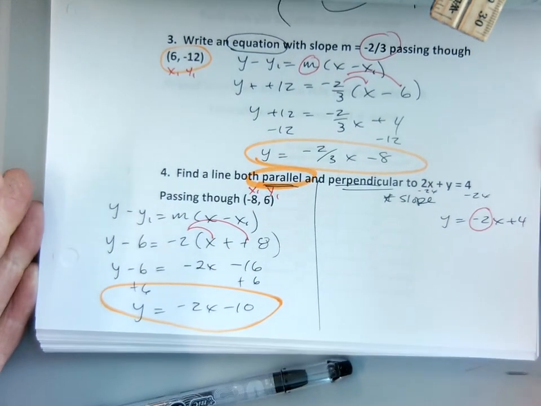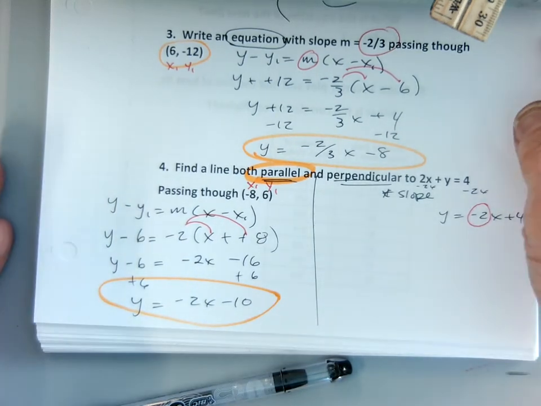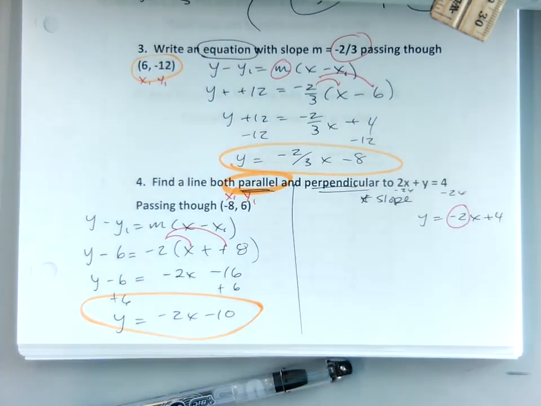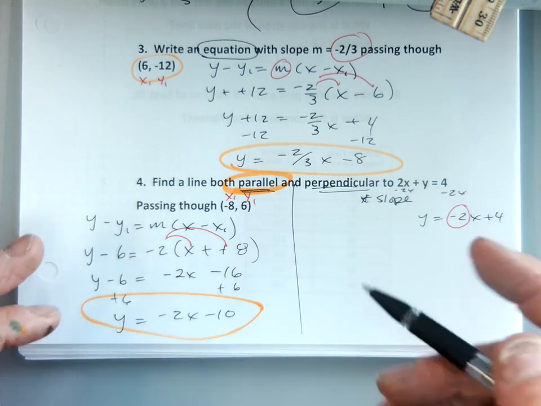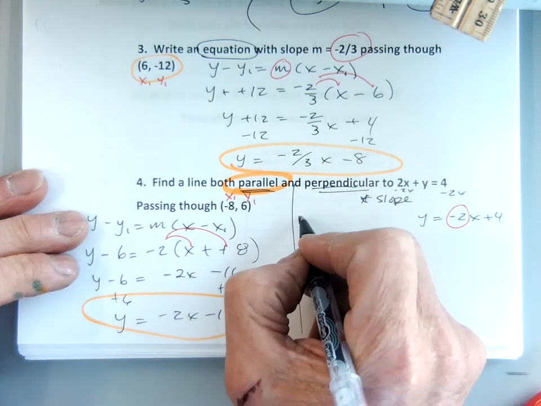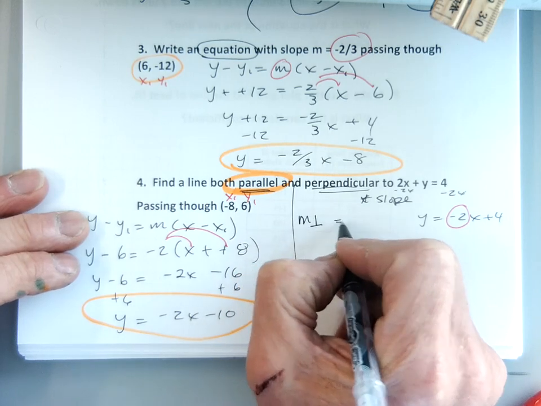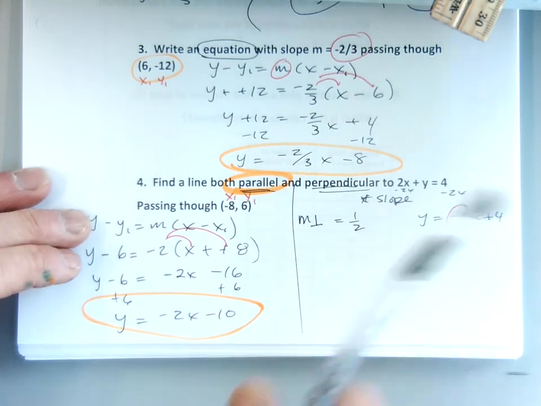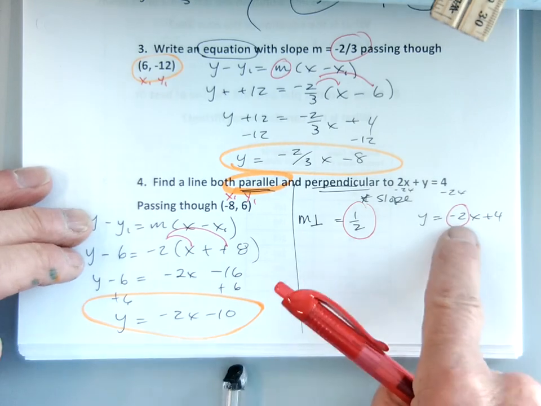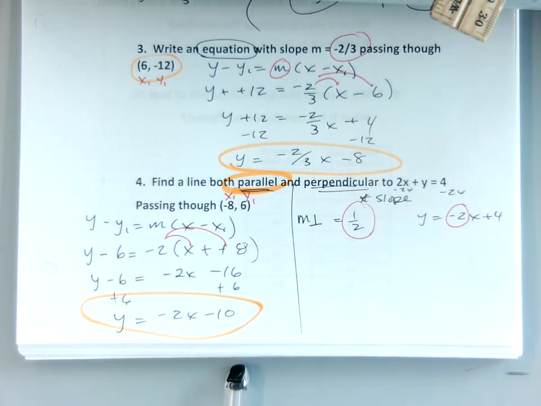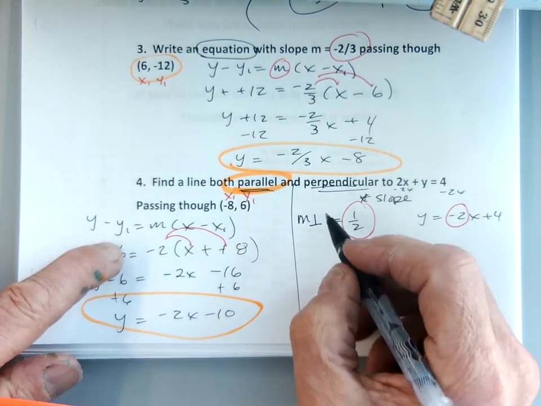So this really is 2 questions, but it's not that hard. We could do it. So if I want to do the other part, which is perpendicular, I'm going to use this slope. So I'm going to use a positive 1/2 slope, right? Opposite slope, negative reciprocal. I'm going to use my formula to find a line.